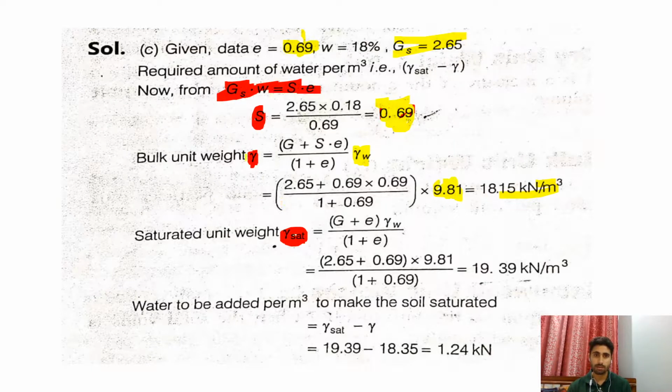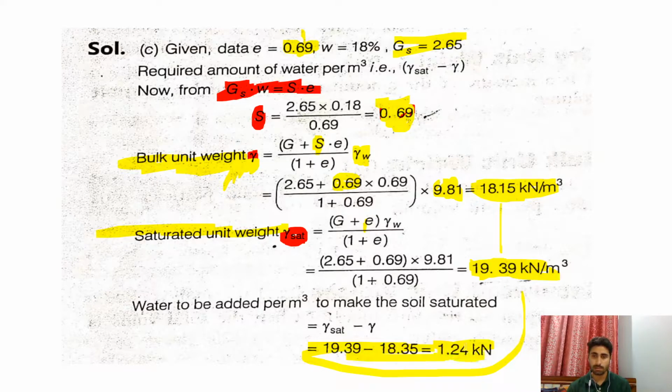Fill in this equation and you will find the value of bulk unit weight. For saturated unit weight, we replace the value of S of 0.69 with 1 and you will find the saturated unit weight. See, saturated unit weight is more than bulk unit weight, so we'll subtract this one and this is the final answer.